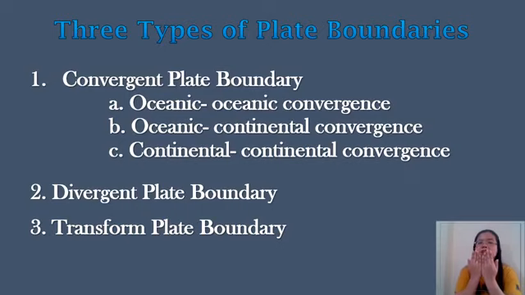Now, once we say divergent plate boundary, the plates are separating, or they drift away from each other. Diverge means move away from each other. Now, for a transform plate boundary, the two plates are sliding past each other.